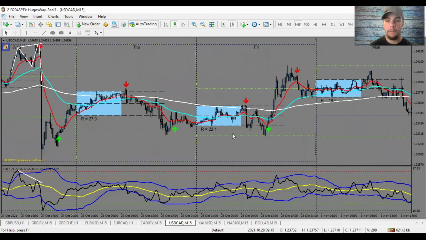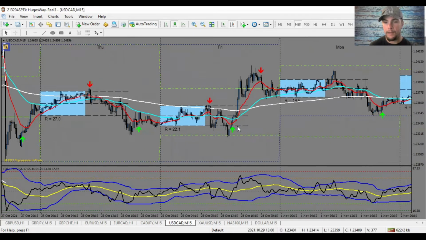Okay, look here. Here's another one, type 2, setting up on the bottom of Asia. You see how it came out and went right back in? It's considered a type 2. Okay, left leg right here. Our direction's still up, guys. Left leg. The divergence wasn't strong. Really ain't no divergence there.